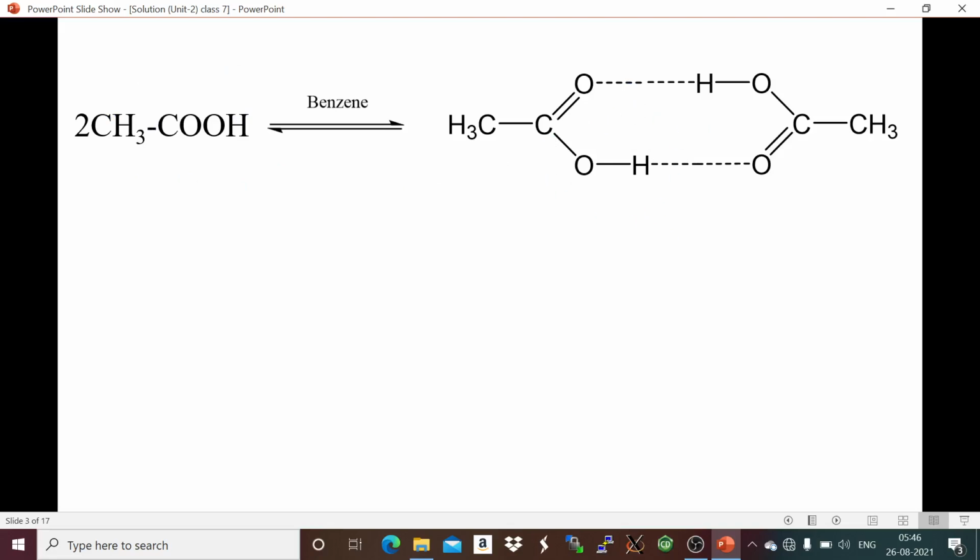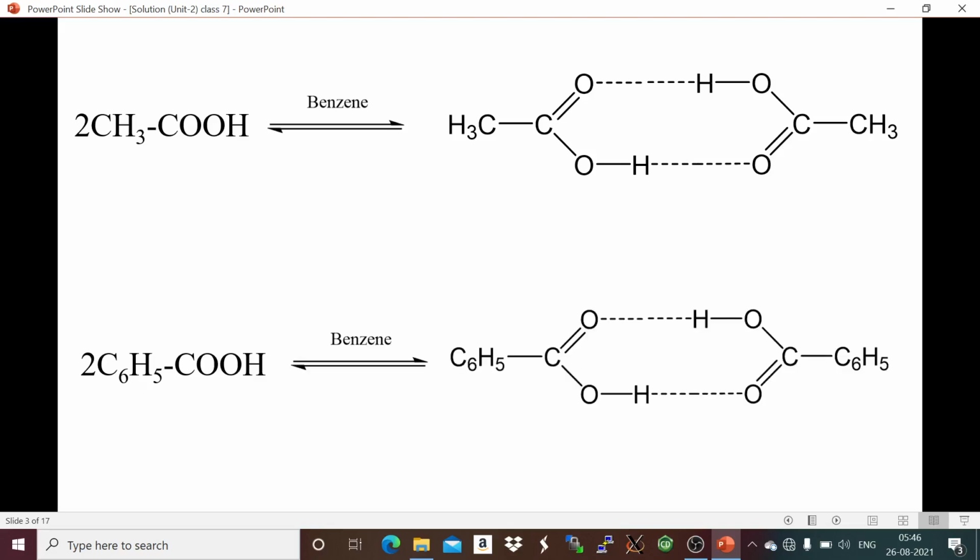So if the molar mass increases, it will affect the colligative property values. Two moles are converted to one dimer. Similarly, benzoic acid in benzene undergoes dimerization. So the number of particles decreases and the molar mass increases.